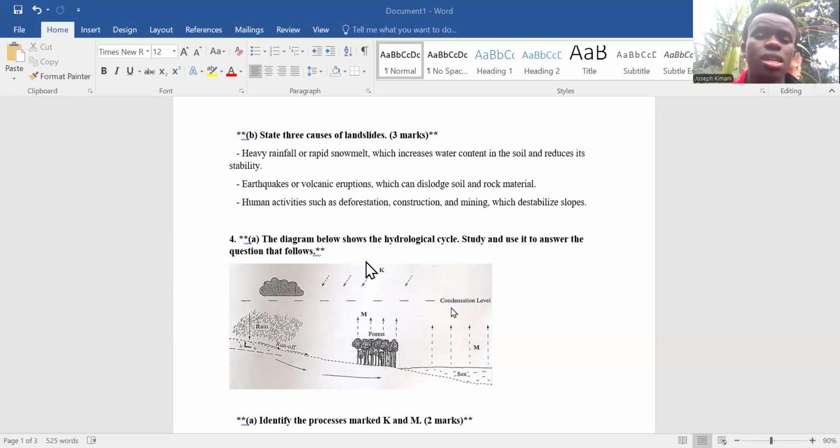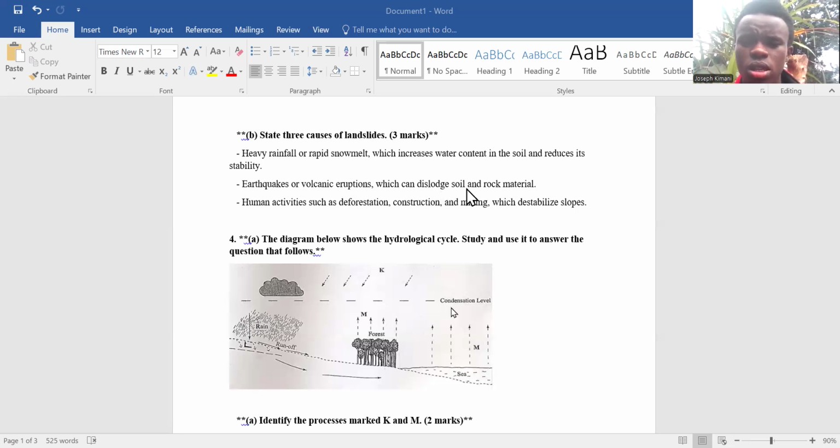That's a landslide. We are talking about the causes. It may be caused by heavy rainfall or rapid snowmelt, which increases the water content in the soil and reduces its stability. The other cause is earthquakes or volcanic eruptions.